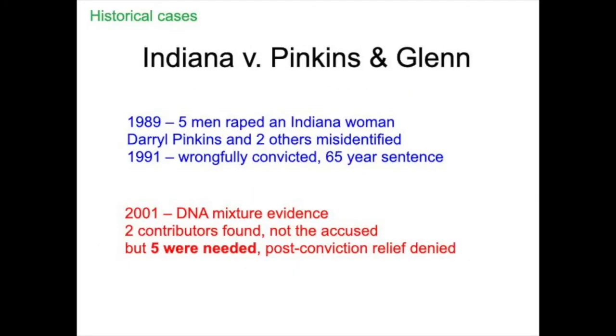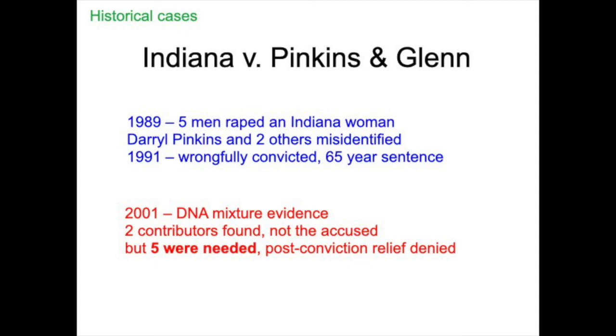Let me tell you about some historical cases. This was the first exoneration we ever worked on. So far, TrueAllele has helped exonerate or free from prison at least 10 innocent men. This is Indiana versus Darryl Pinkins and Roosevelt Glenn. There are many articles and TV shows, and I've written about it. I can send you materials on it.